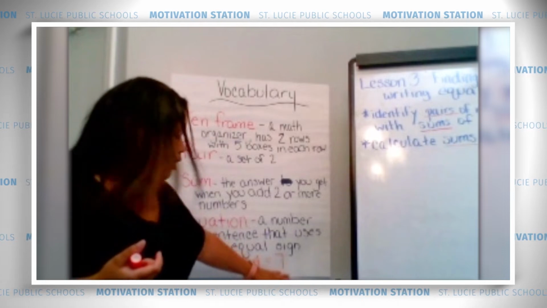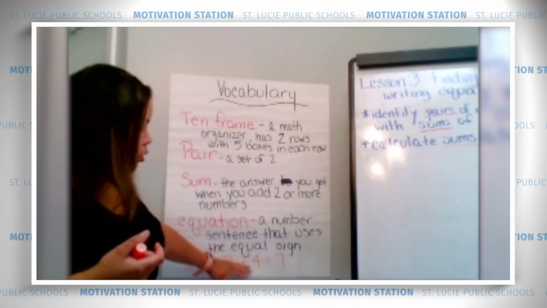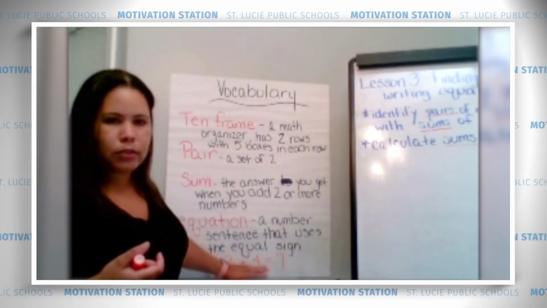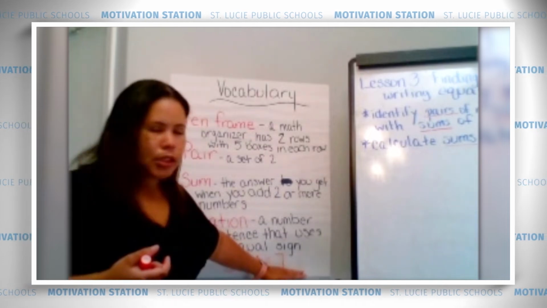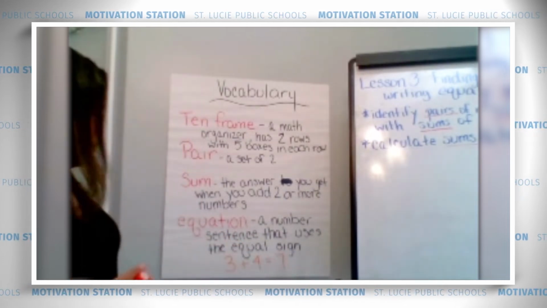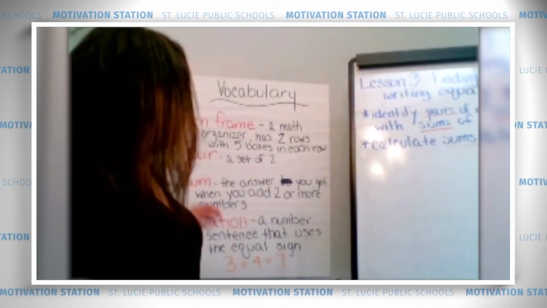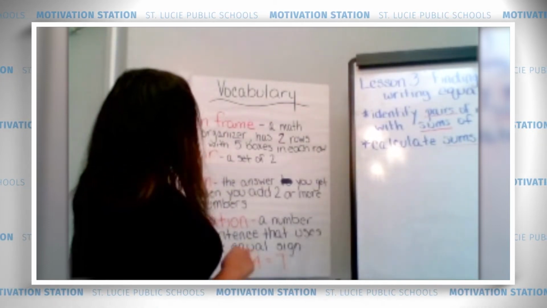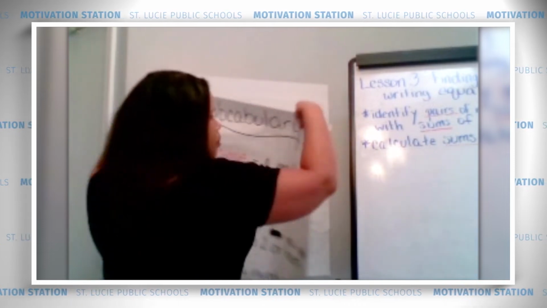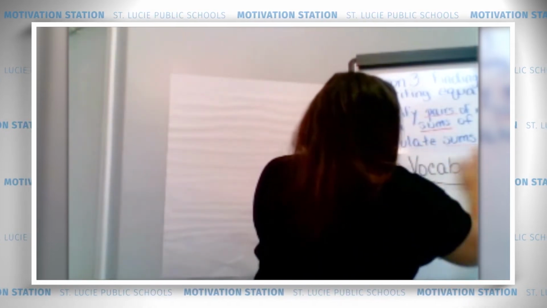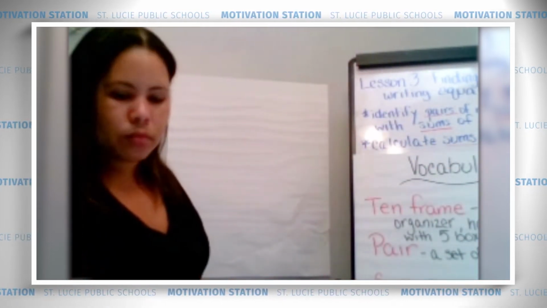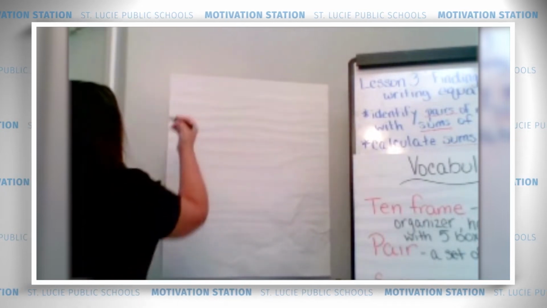And on this side of the equal sign, we see 7. So this equation of 3 plus 4 balances or is the same as 7. Okay? And the last word that I would like to fill in, I'm going to move this here, is added.